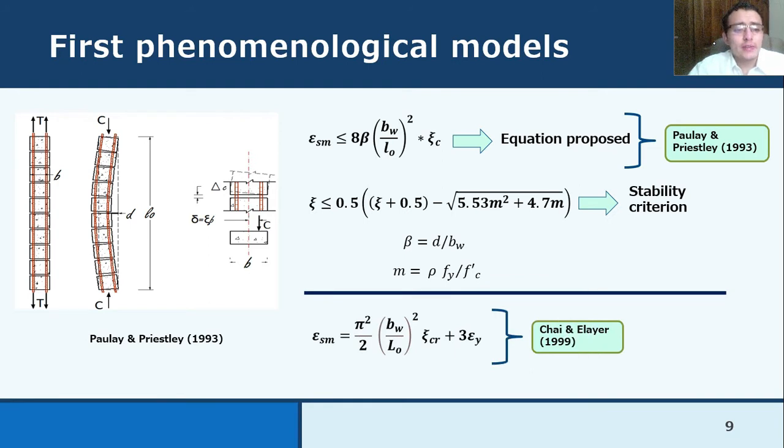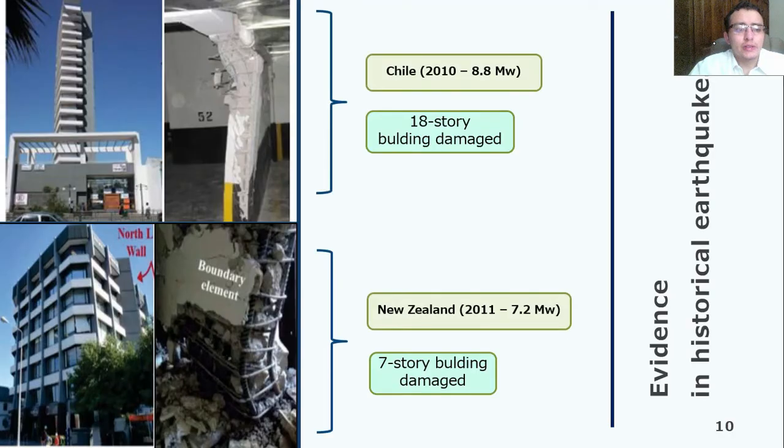We might say then that after the development of these two phenomenological models, the study of this failure was kind of forgotten since it had never been evidenced in real structures. However, that situation changed in the following years when an earthquake of 8.8 magnitude took place in Chile in 2010, affecting more than 300,000 structures, and where a repetitive failure was reported in various buildings.